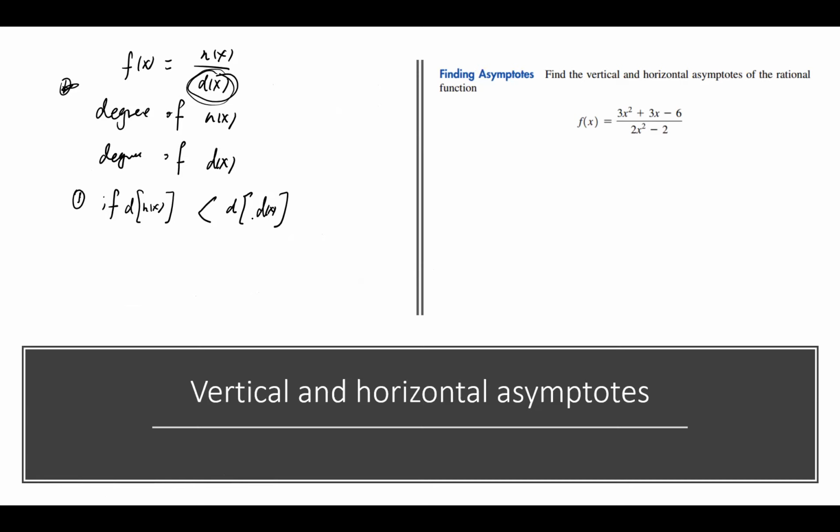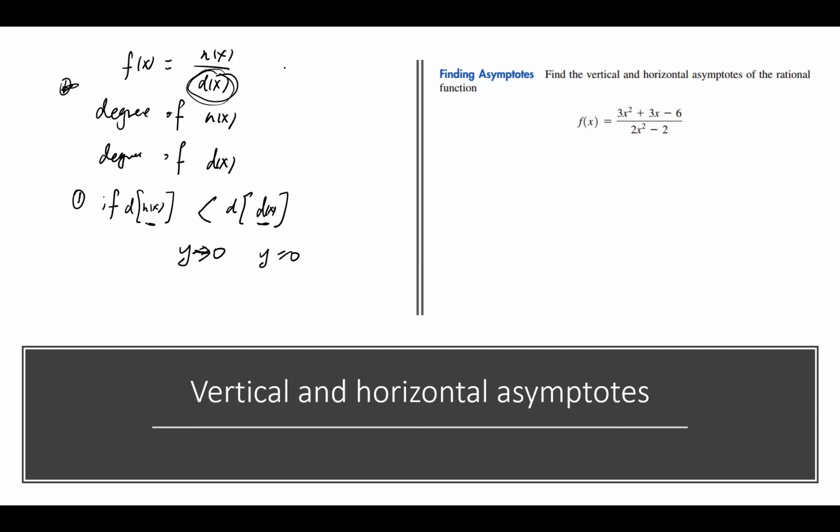If the degree of the polynomial of the d(x) function is higher than the degree of the polynomial of the other function n(x), then there's a horizontal asymptote, and it should be 0 in this case, which means y will approach 0, or we can say y is equal to 0, because x is approaching infinity.